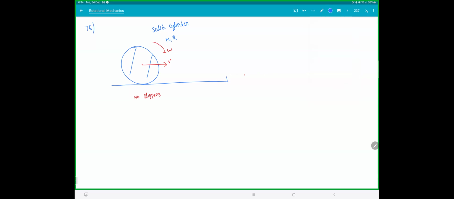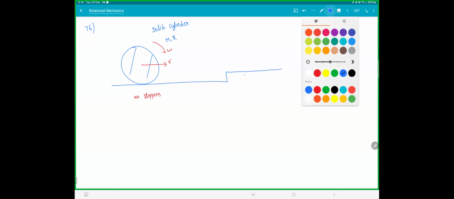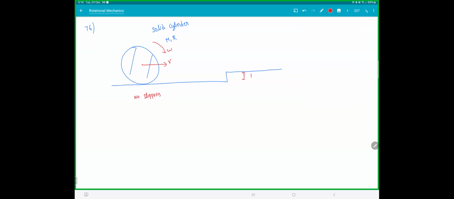I'll just exaggerate this a bit, whose height is r by 4. This point is A, and e is 0. Means when it collides, it will stick to the point. So this solid cylinder rolls and comes and hits the point A, and it rolls over the step.